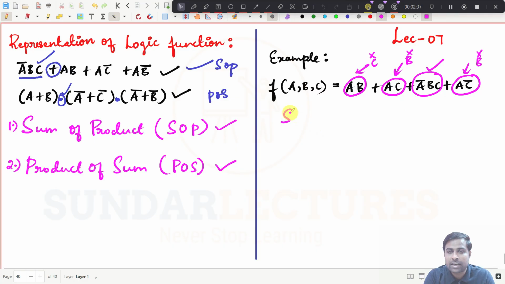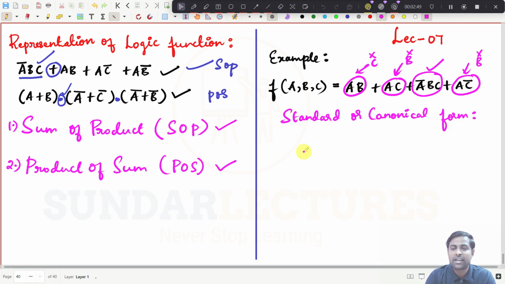Standard or canonical forms. This is very important for learning the Karnaugh map. First you have to get the equation in a canonical form.